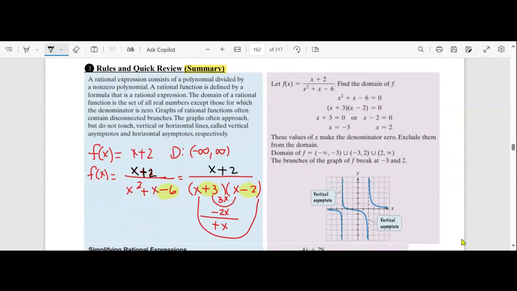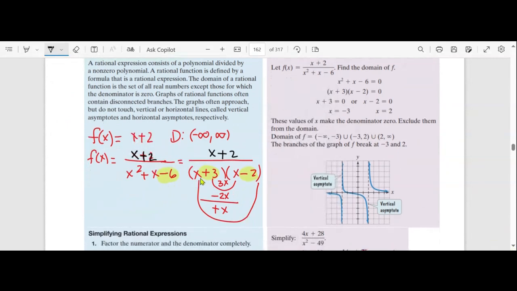Is this clear? So your domain here, you cannot have the value of negative 3. You cannot have the value of positive 2. So you are squeezed between what and what?